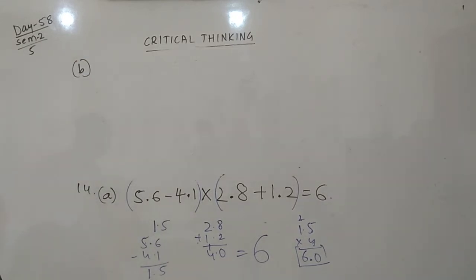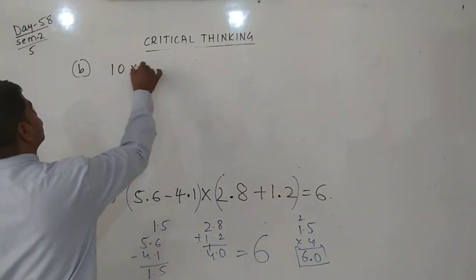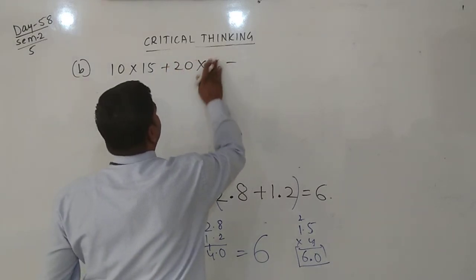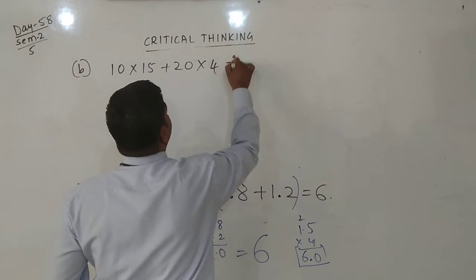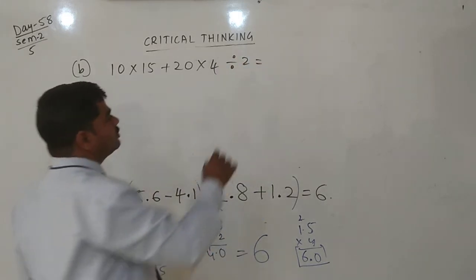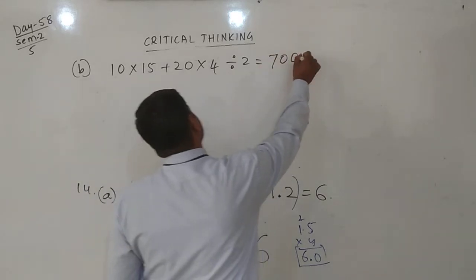Yes, that is 10 into 15 plus 20 into 4 divided by 2 is equal to 700.